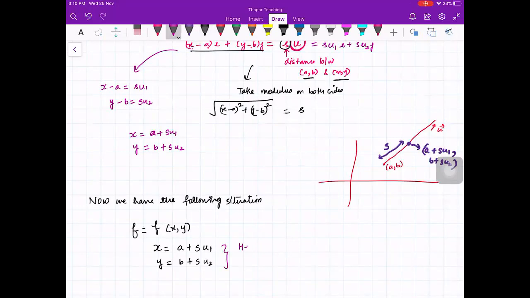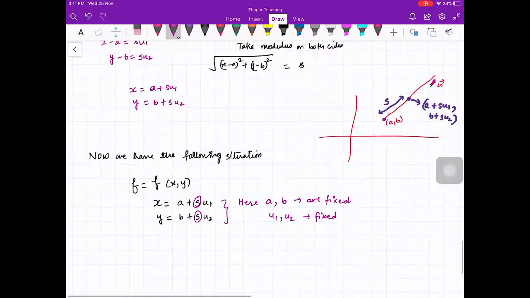Here a, b are fixed because we are standing at a fixed point, and u1 and u2 are also fixed because we are already given the unit vector. These are the things given in the question itself, right? So it means that s is the variable.